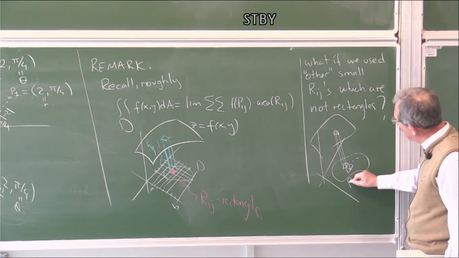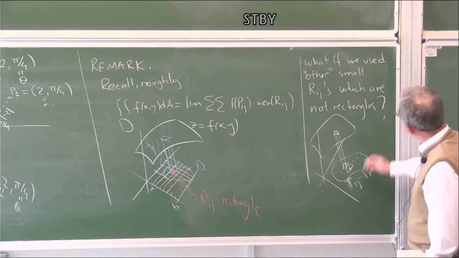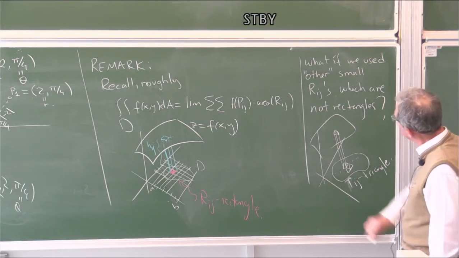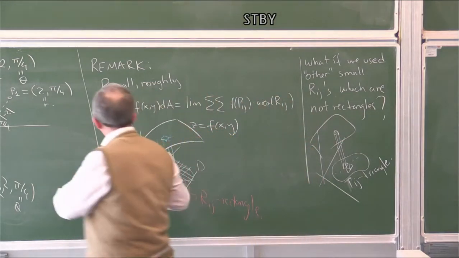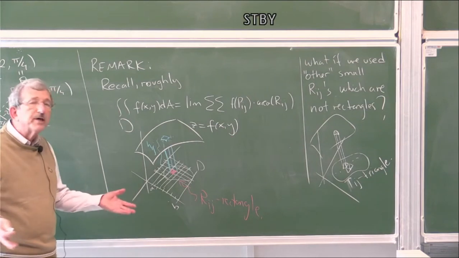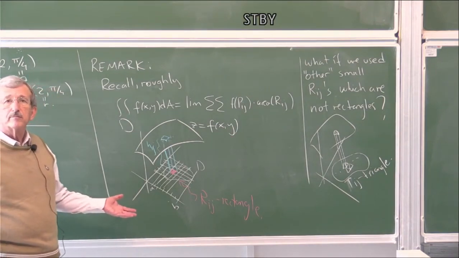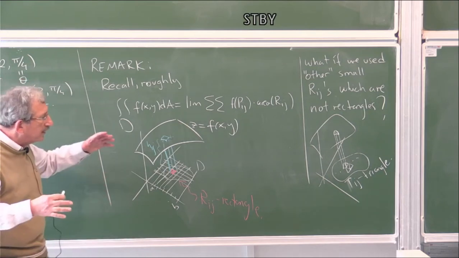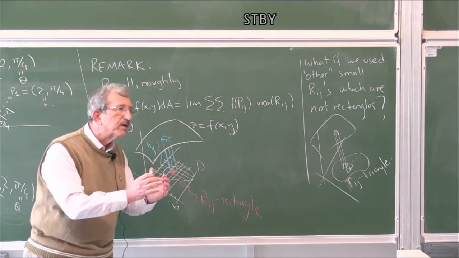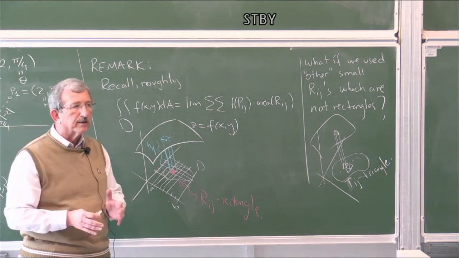So call this T_ij, a triangle. And we add them together. Wouldn't we get the same volume in the limit? Well, of course. Why not? Of course, here, the triangles must get smaller and smaller in the limit. They must shrink to a point in the limit, which is what we did with rectangles.